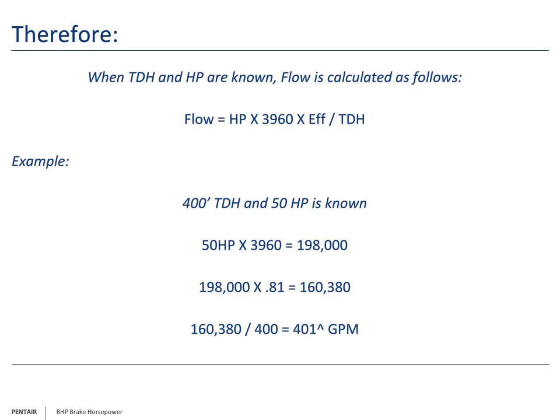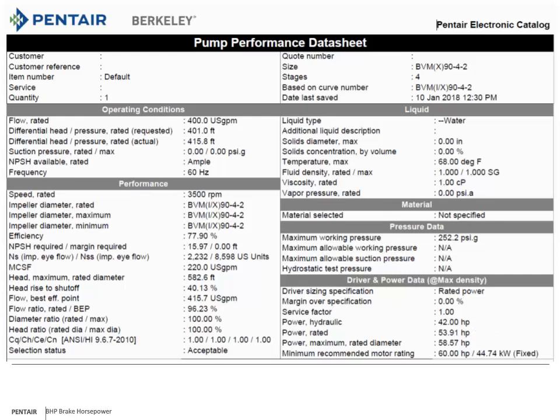An example: a booster system as designed is needing 400 feet of head but is limited to 50 horsepower. Doing the calculations, the first indicates that it should be achievable. But reviewing the data in a sizing program shows us our best option is still more horsepower than would be allowed.